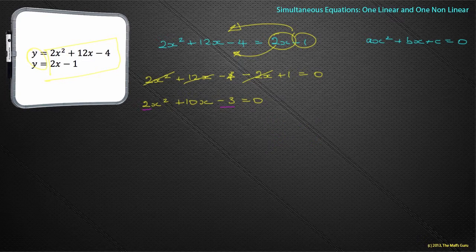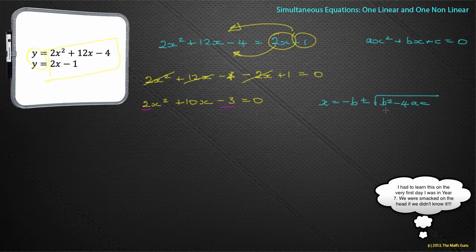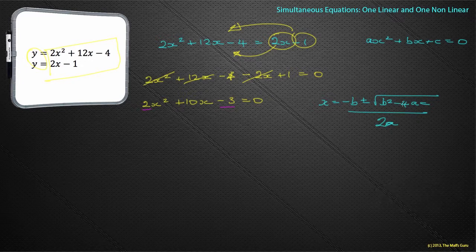And I think probably the best we're going to use is the quadratic formula, which is x equals minus b plus or minus the square root of b squared minus 4ac, all over 2a. Hopefully again that's not new to you, but we use the values of a, b and c from the equation, where a is 2, b is 10 and c is minus 3.